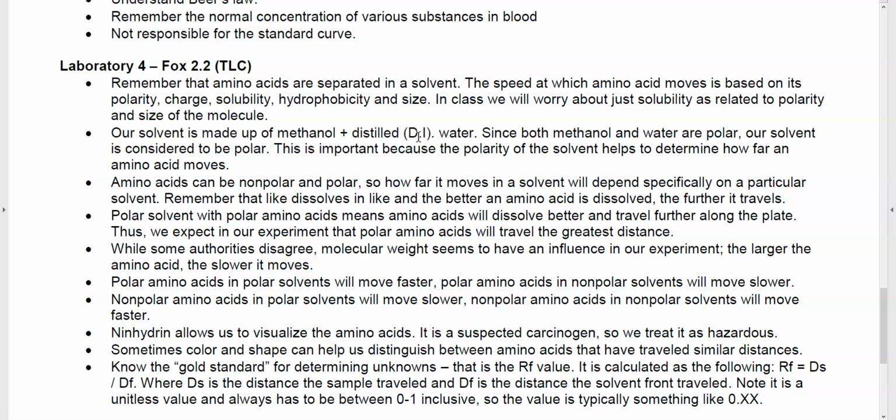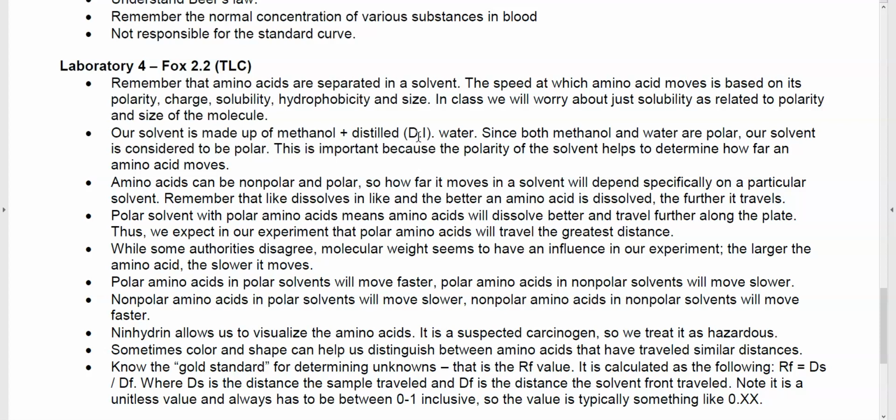Thin layer chromatography is no longer used except as an experimental device to demonstrate things in lab like we've done. You're not going to see it in a hospital or in a research lab. They have other, faster, more accurate, more sophisticated, less expensive ways to do what thin layer chromatography did in the past. However, 100-something years ago, it was useful.